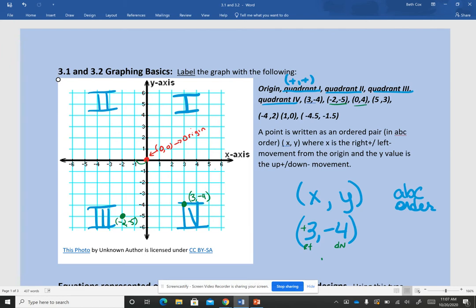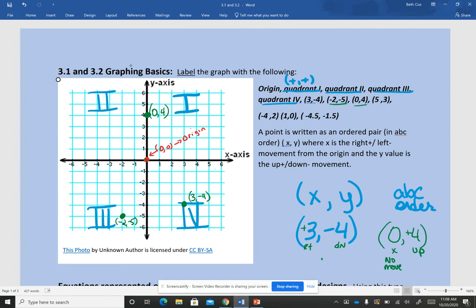Now 0 on the X and 4 on the Y. This is your X, which means no movement. And then this is a positive 4, so it's going to be up 4. So start at 0, 0, and I move nowhere, and then I go up 4. And so that's the point 0, positive 4.